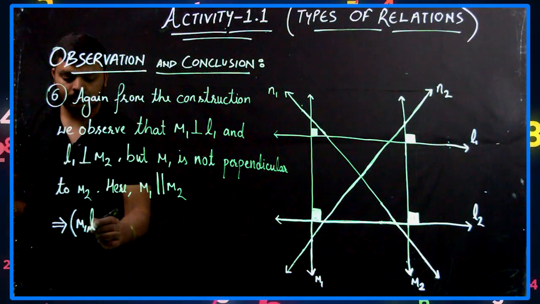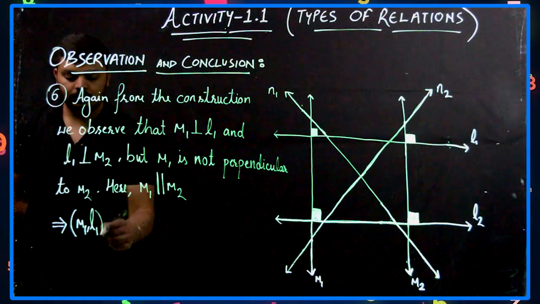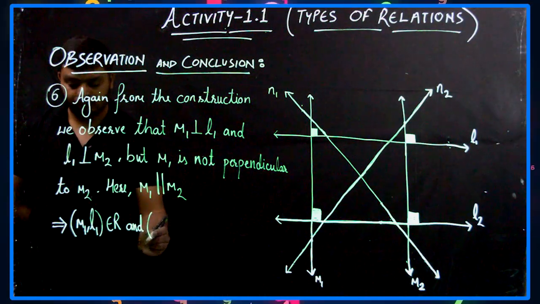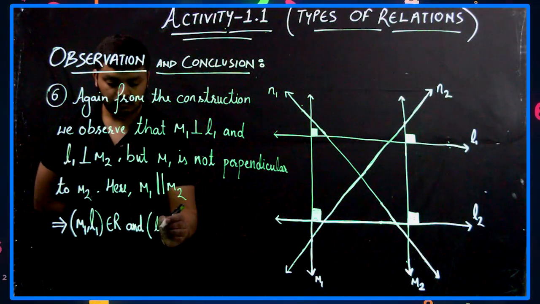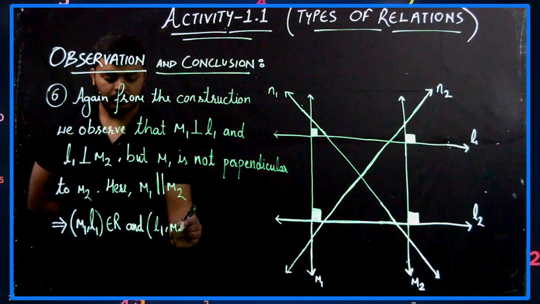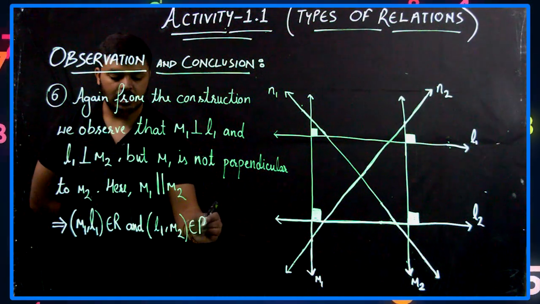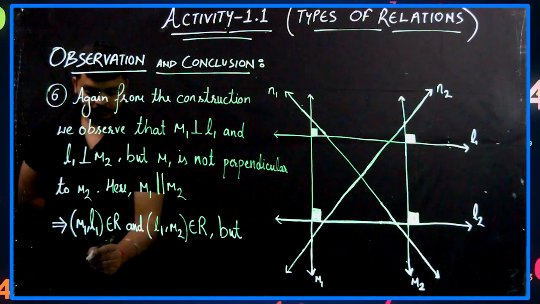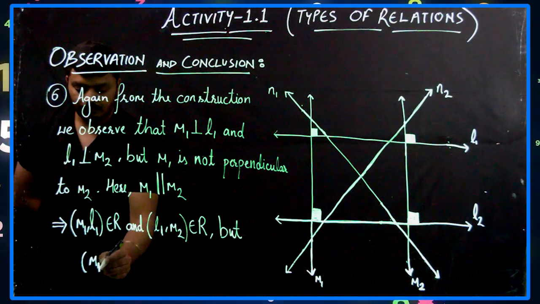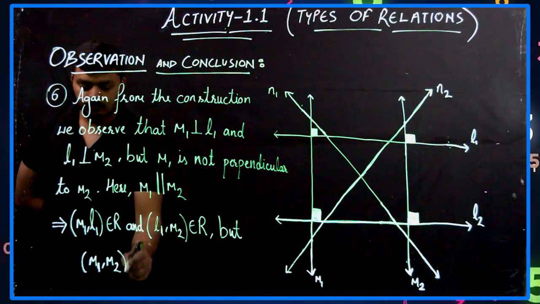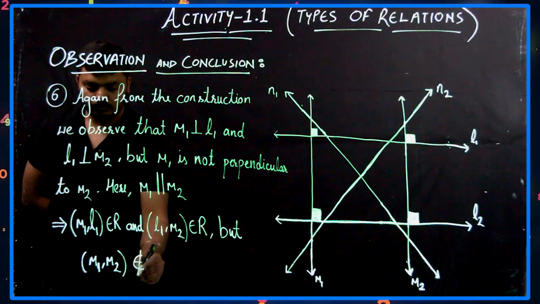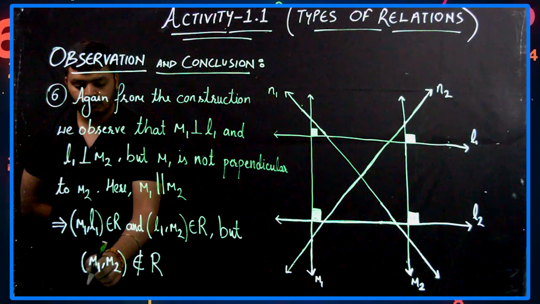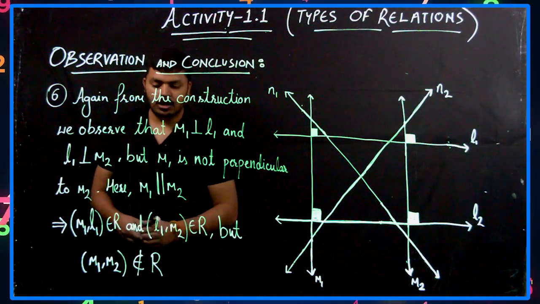(M1, L1) belongs to R and (L1, M2) belongs to R, but (M1, M2) does not belong to R.